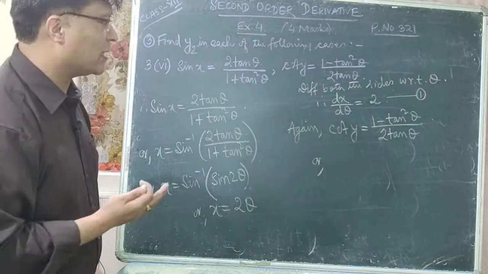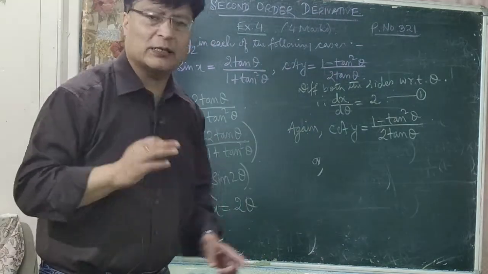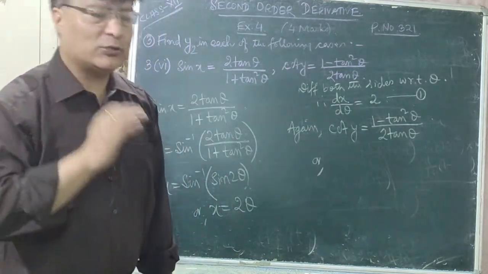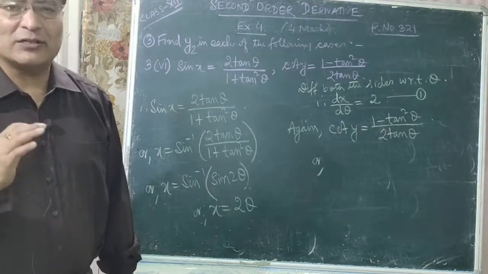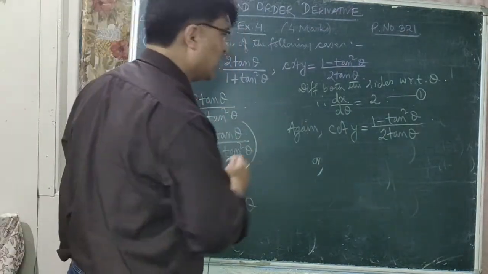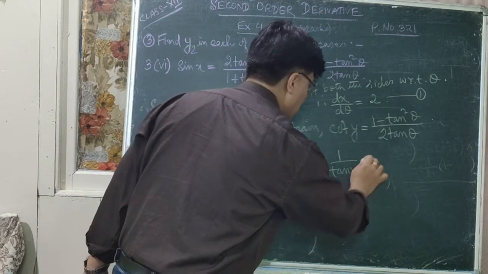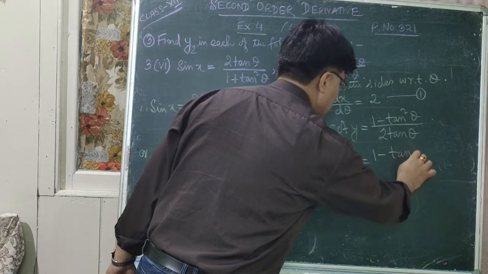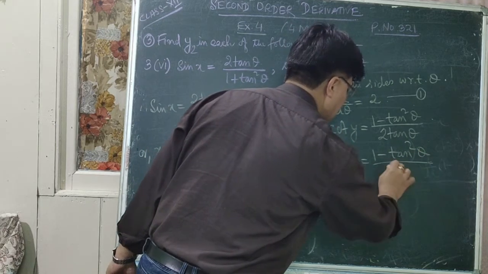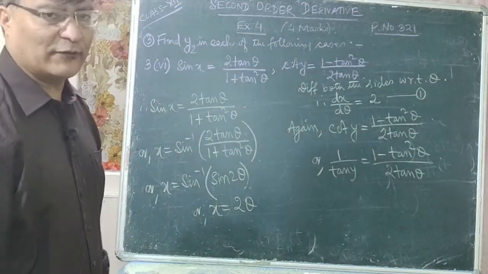Because if you write in terms of tan, it will be easier for you. So it is 1 by tan y, which is equal to 1 minus tan square theta divided by 2 tan theta. Now let us get the value for tan y.